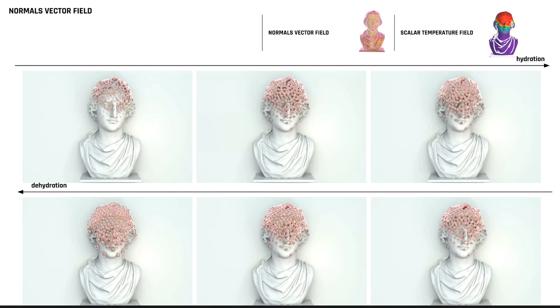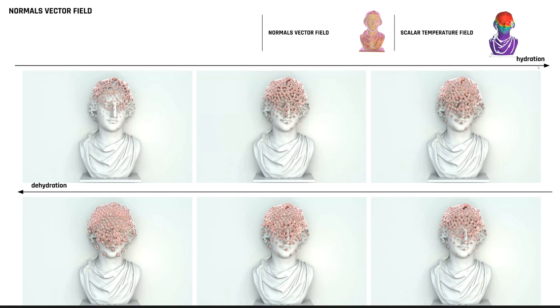And here we could use normals, a vector field, to orient a distribution again. So here, for example, we use a scalar temperature field to influence our distribution in the places that are hotter, and we also use normals to direct the advection and the growth.